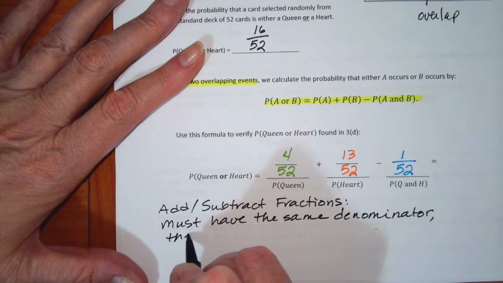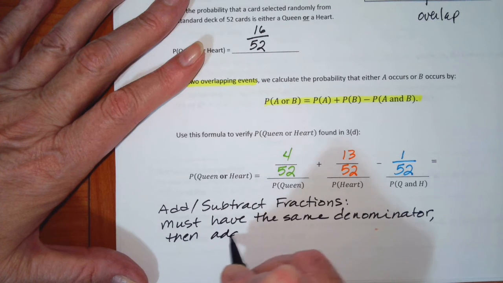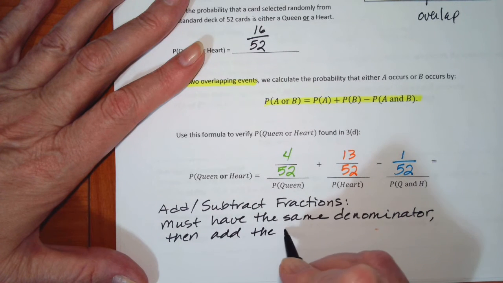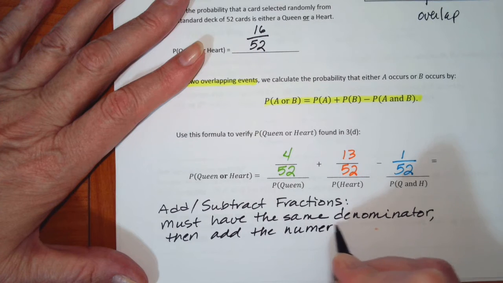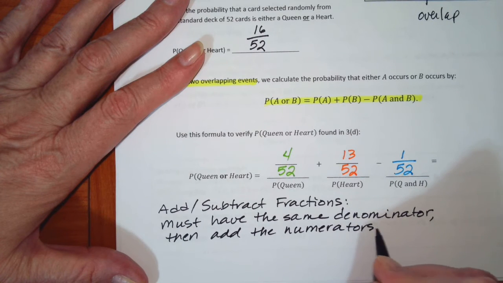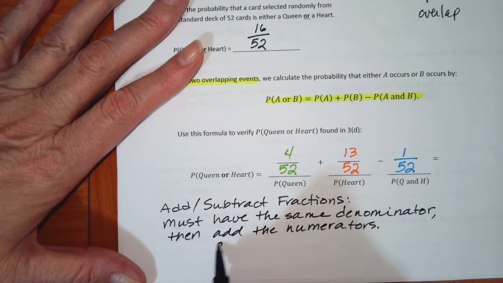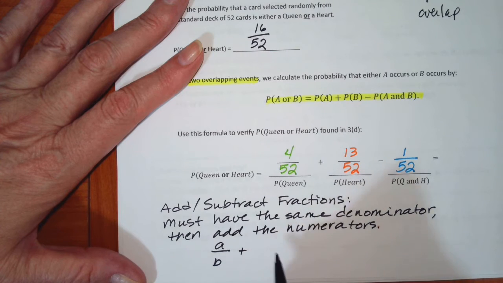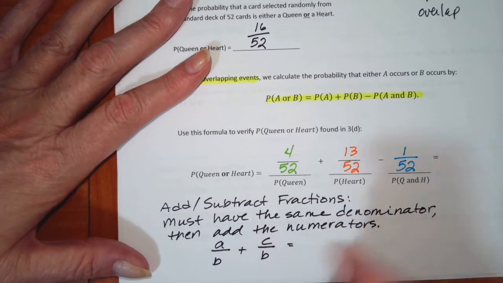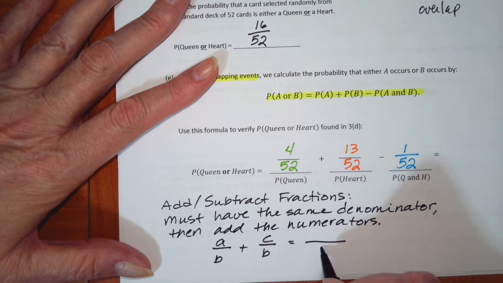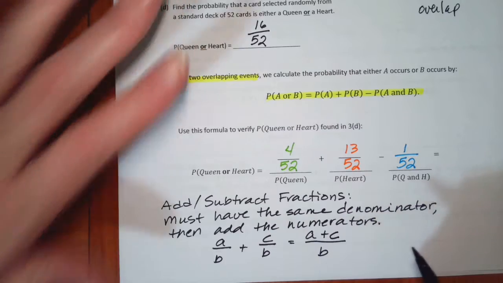And then you just add the numerators. The mathematical rule is if you have A over B plus C over B, your denominator is the same, so the denominator remains B, and you add the numerators of A plus C.